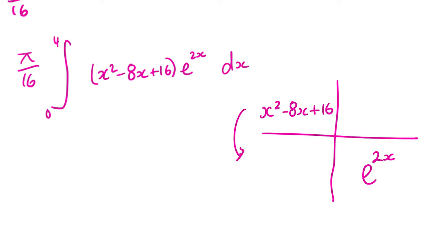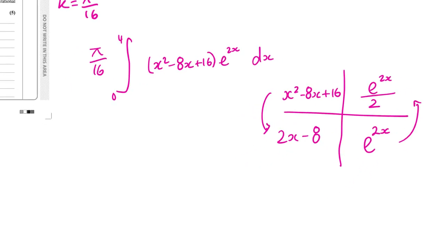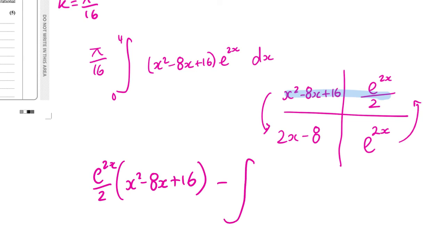Okay, if we go down, what do we do? Differentiate. So we're going to get 2x minus 8, integrate, e to the 2x, divide by the differential of the bracket. Okay, so step 1, we're going to have this, which is e to the 2x over 2 multiplied by x squared minus 8x plus 16 minus the integral of, bracket, 2x minus 8 lots of e to the 2x over 2 with respect to x.